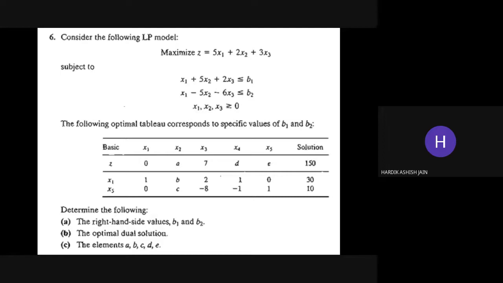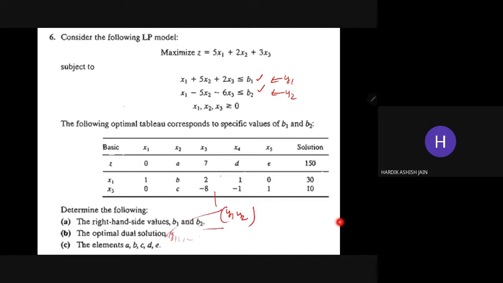So now you have to determine the values of b1, b2, and the optimal dual solution, meaning the associated dual variables y1 and y2. Here you have to determine y1 and y2. At that place I am not able to write.